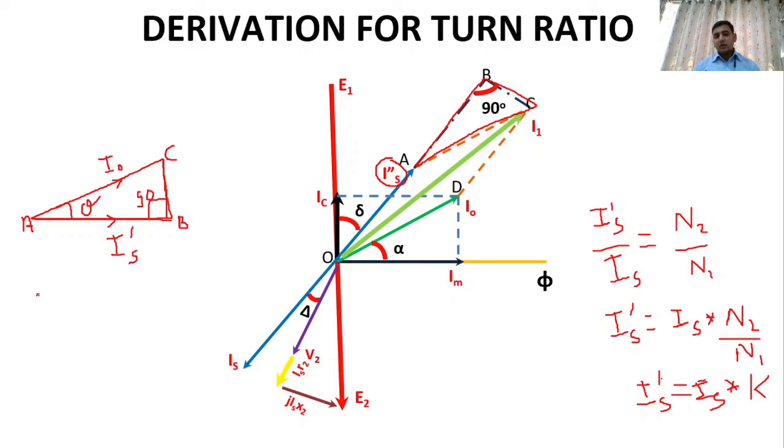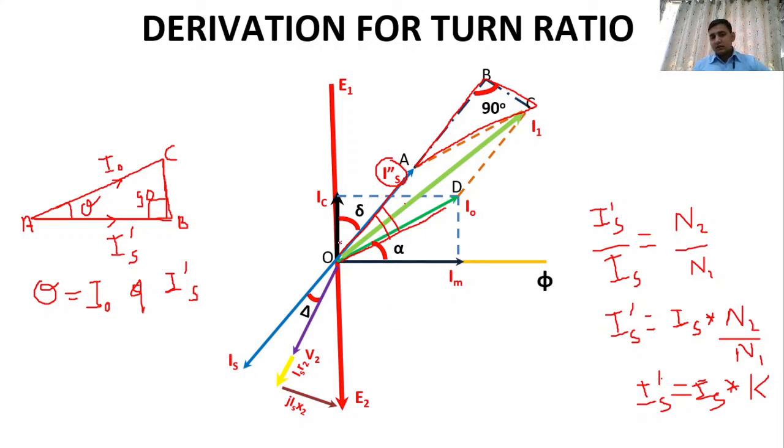So for finding the angle between AB and AC, which is between I0 and Is dash, you will see Is dash is this and I0 is this representation. Now we have to find the angle between the two of them.